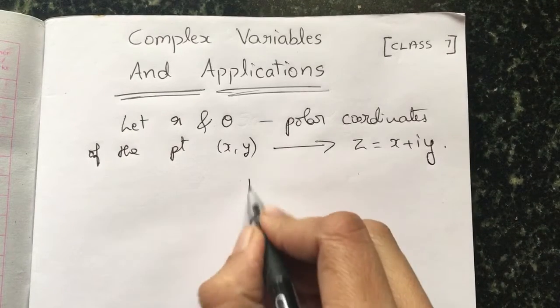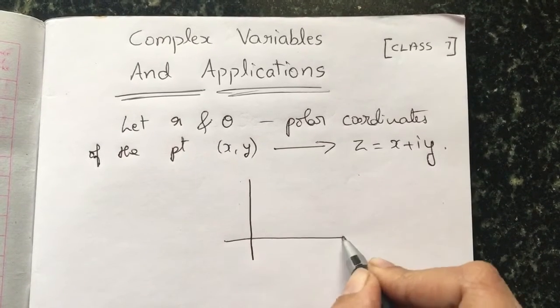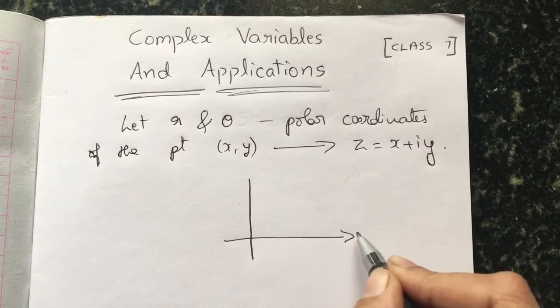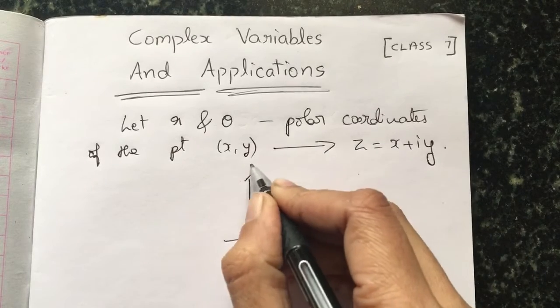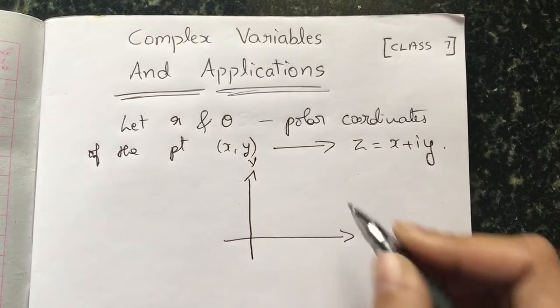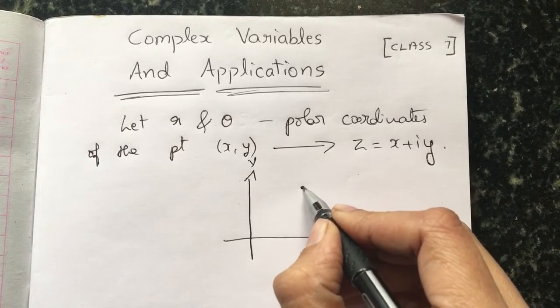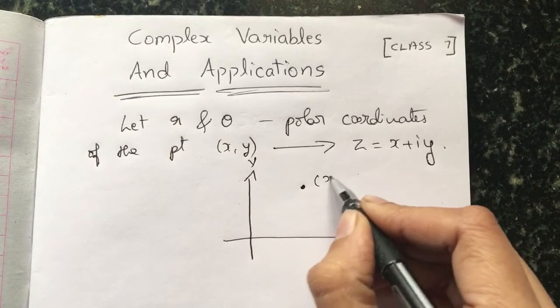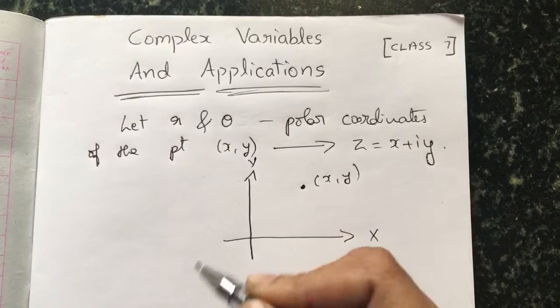Suppose in the complex plane this is the real axis and this is the imaginary axis. This is my point z, that is x comma y.